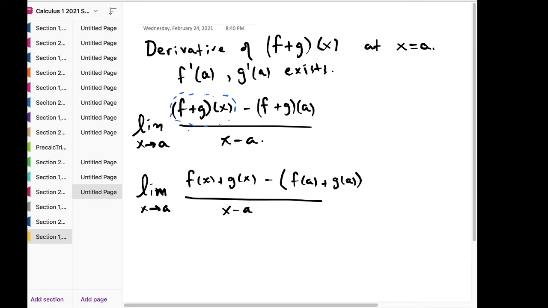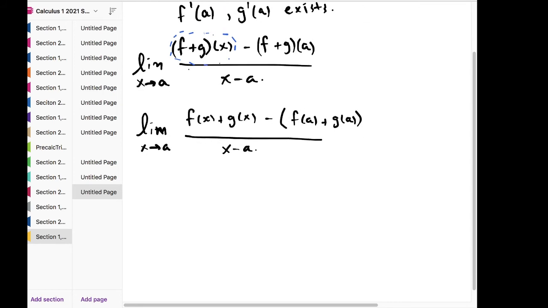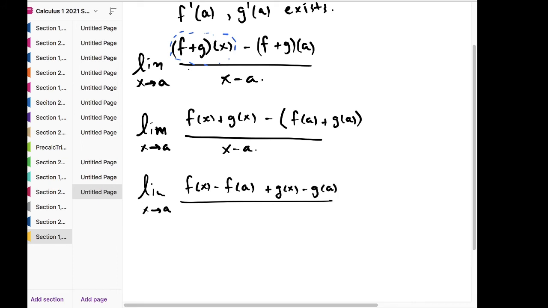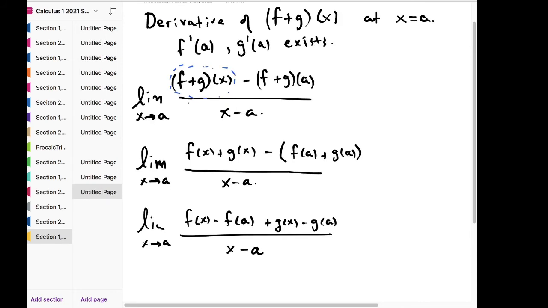Okay, so now let's simplify this. So f(x) minus f(a) plus g(x) minus g(a). Why did I order it like this? What would my next step be?